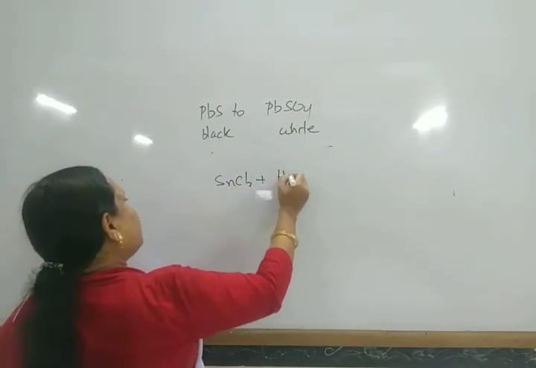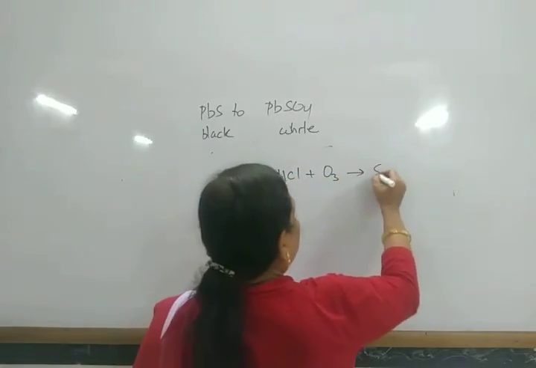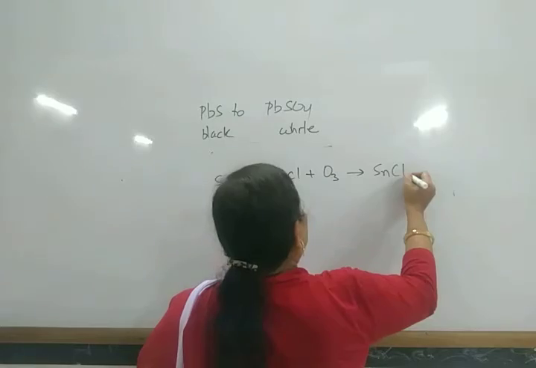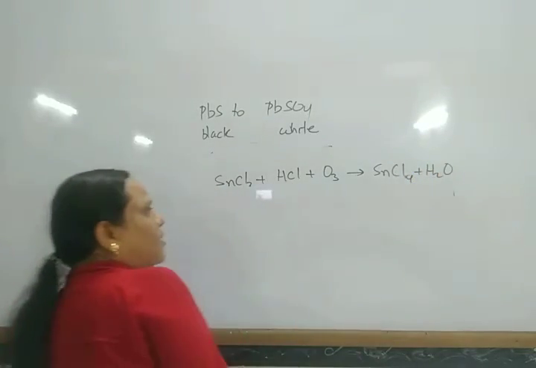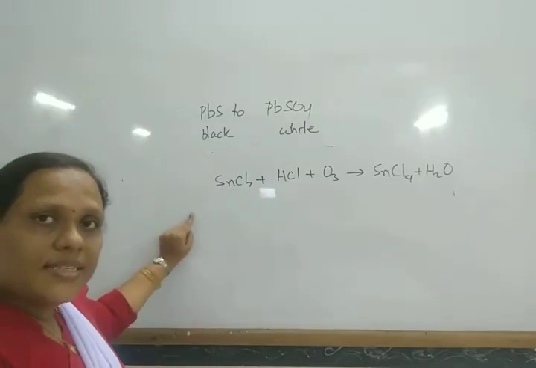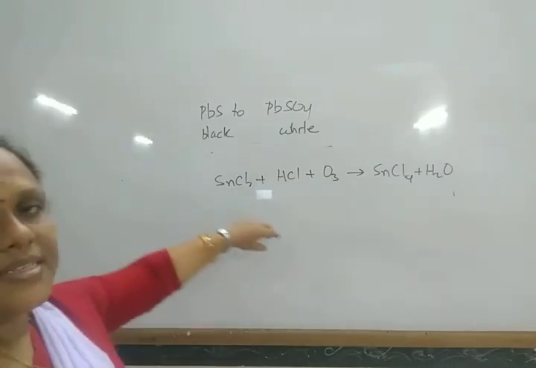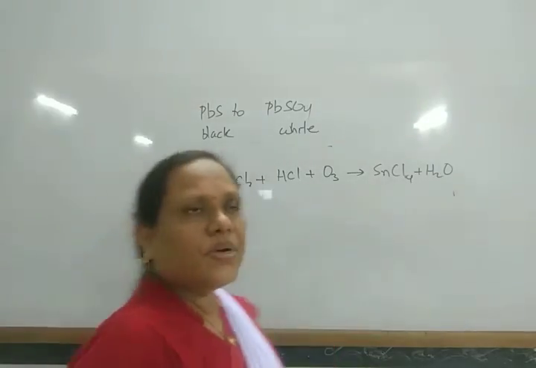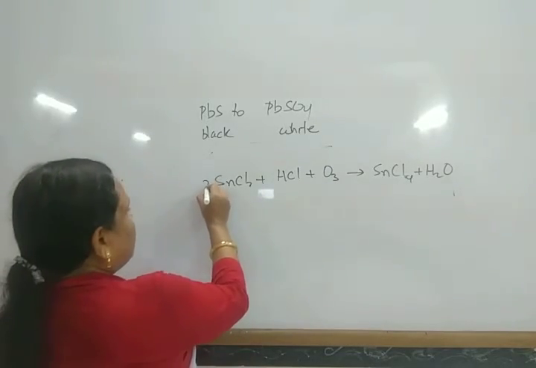SnCl2 plus HCl plus O3 give rise to SnCl4 plus H2O. Here no oxygen is produced. In all other cases, a side product oxygen is produced, but in this case no oxygen gas is produced.